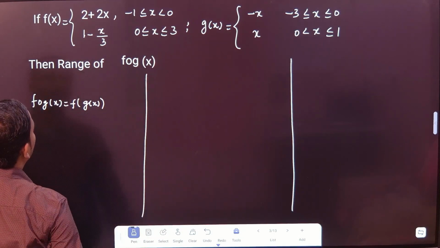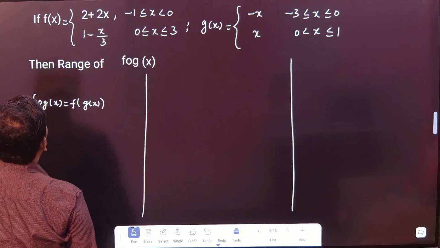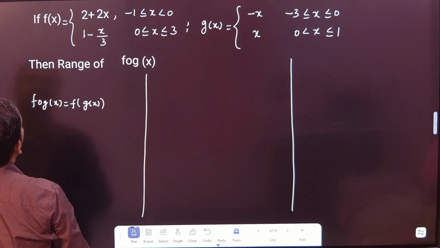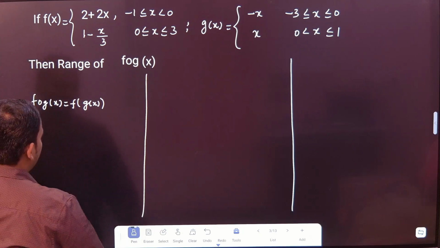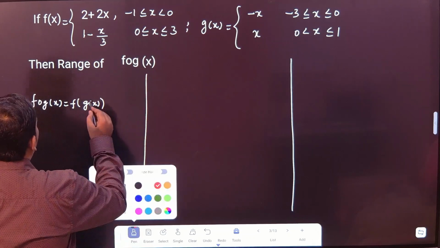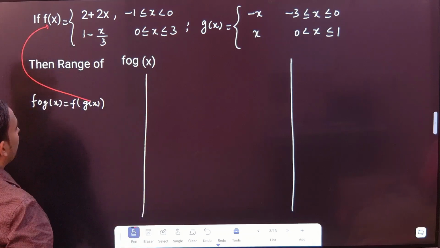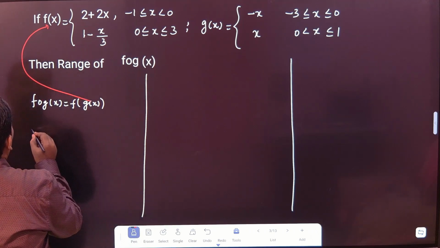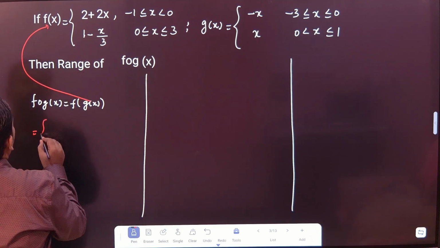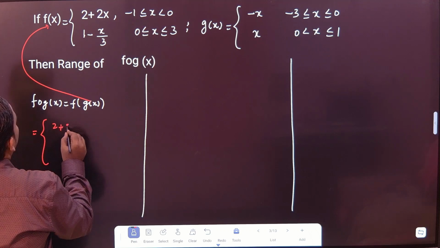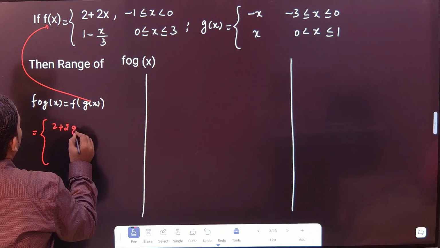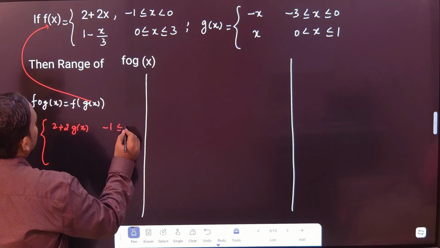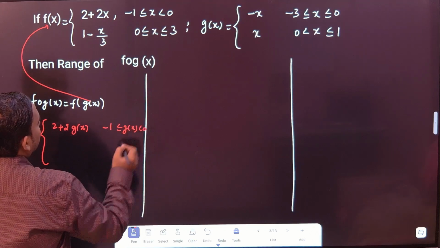Now you replace x by g of x. Where x is there in f of x, you replace it by g of x. Then what will we get? You will get 2 plus 2 times g of x, for minus 1 less than or equal to g of x less than 0.